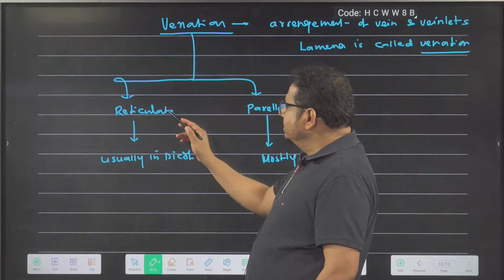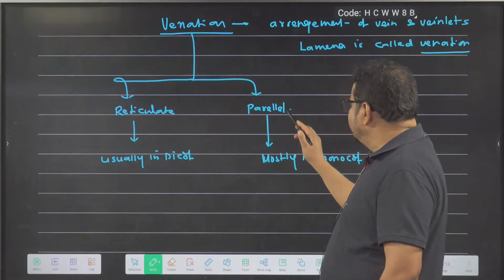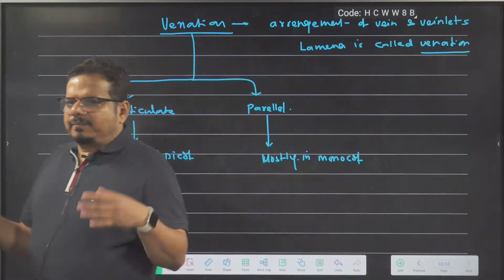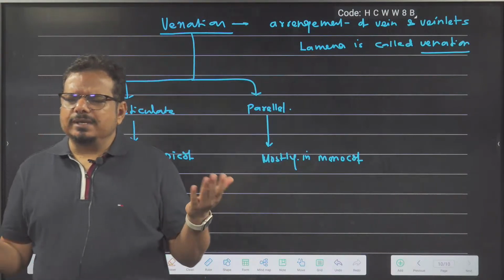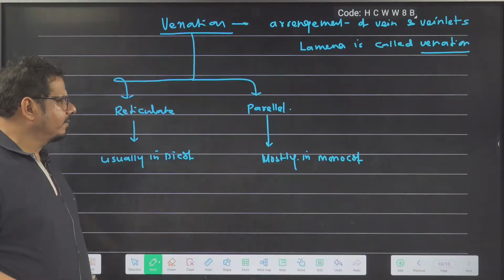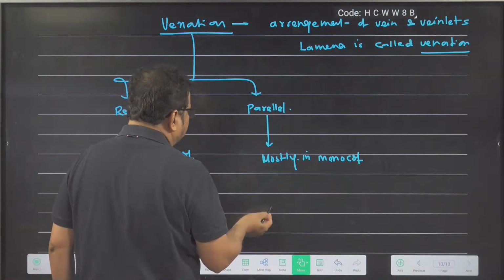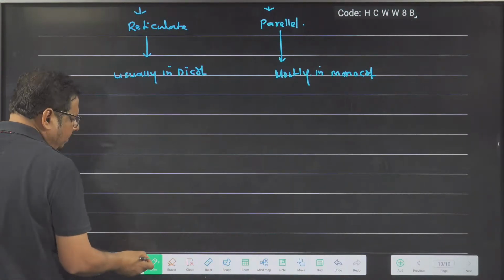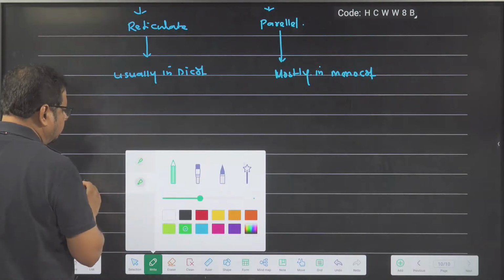So reticulate venation usually present in dicot, parallel venation mostly present in monocot. Both have same meaning. Usually or mostly means what? Most of the members. Both are synonyms. Got the idea? Now I am drawing the structure of a reticulate venation. Just have a look. Give your attention.